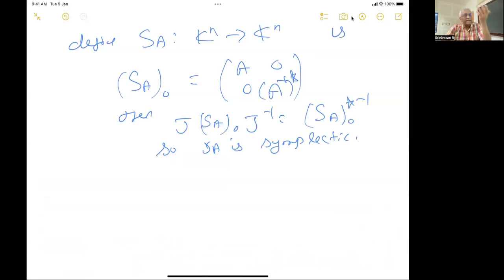See, if you have a unitary in Cn, of course, it preserves the inner product, so it's symplectic. But suppose you have only a real unitary.